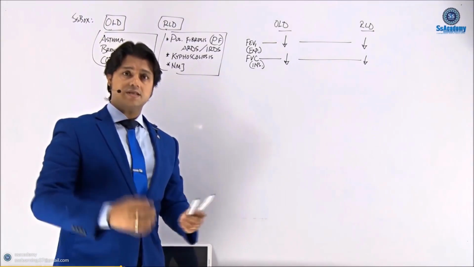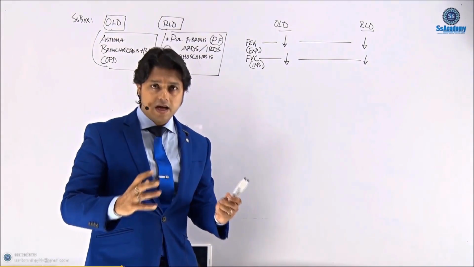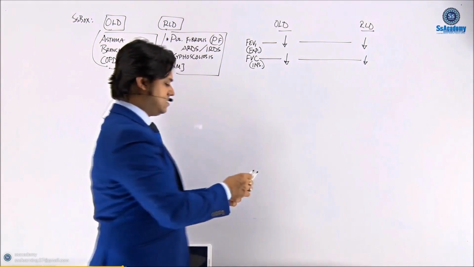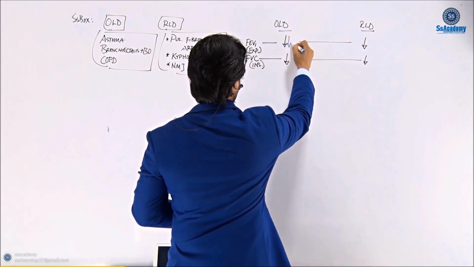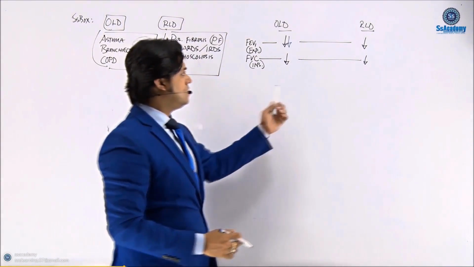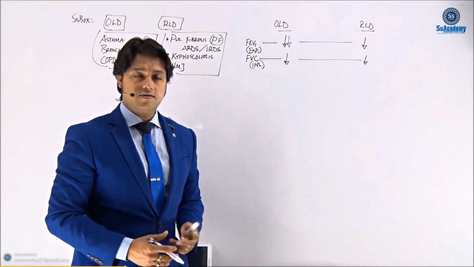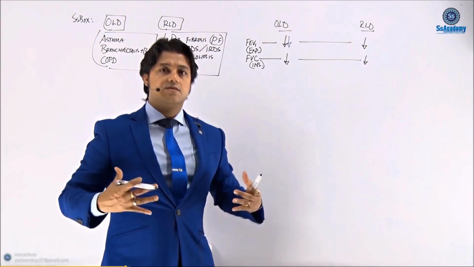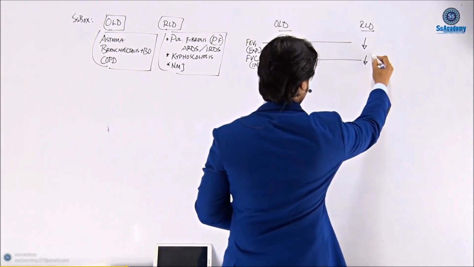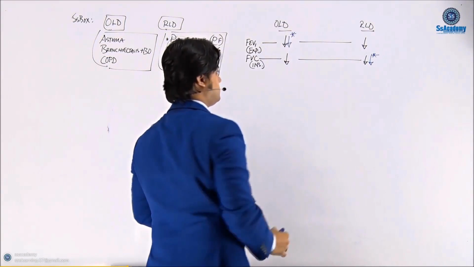But in an obstructive airway disease, what happens? The expiratory function is more reduced. In contrast, in restrictive lung disease, restriction means the inspiratory functions will be more and more reduced. Just make a star here.